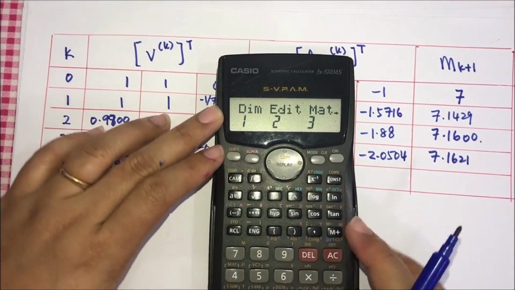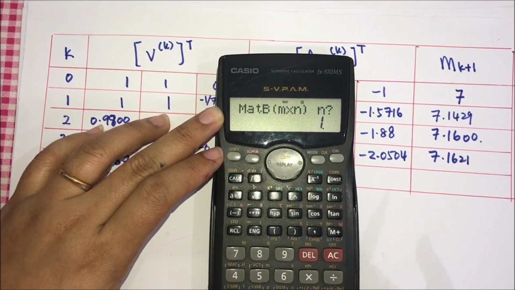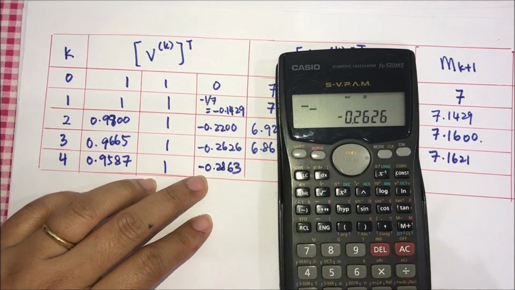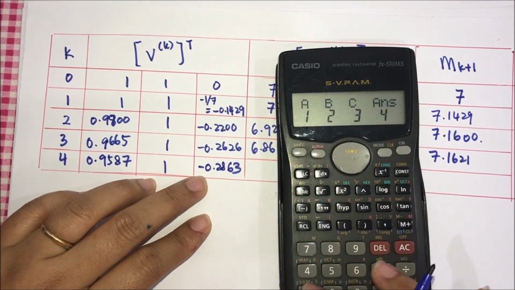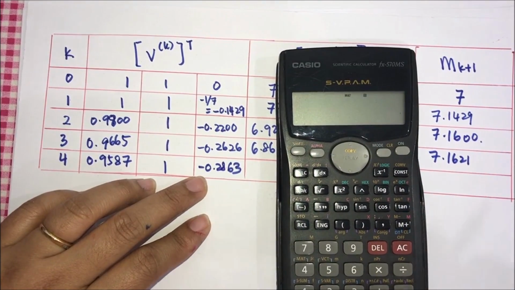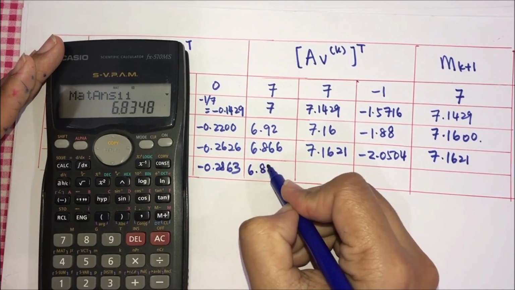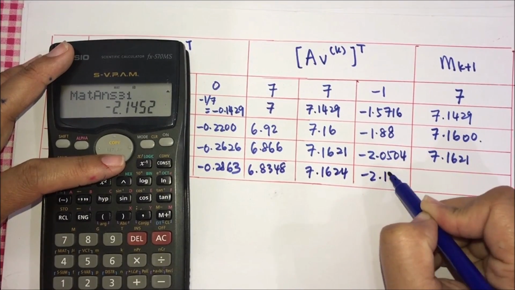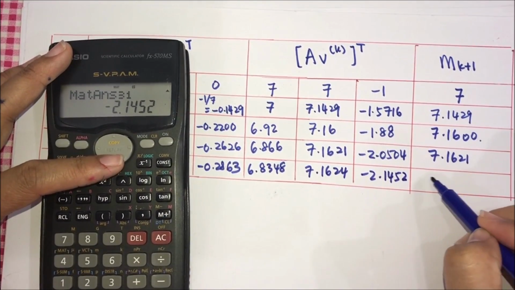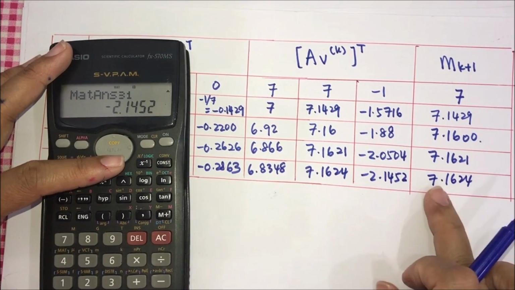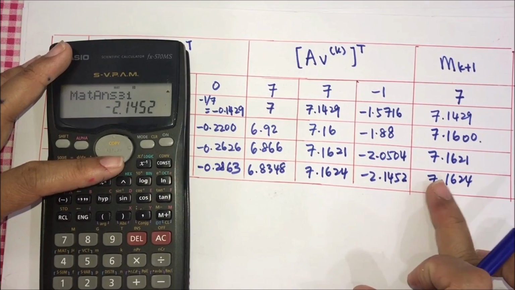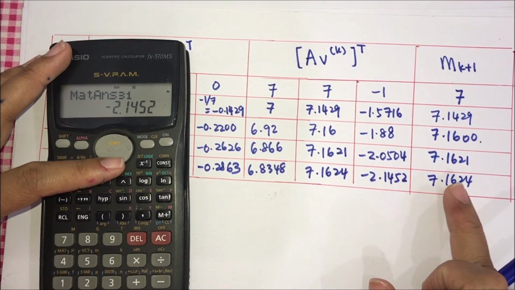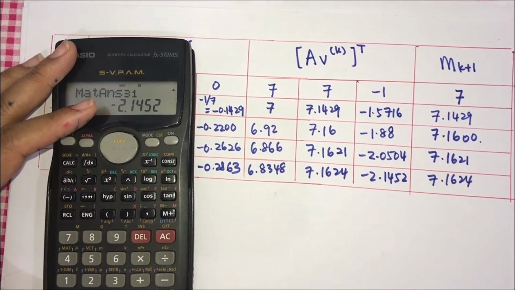So key in matrix B again, the new value of matrix B. Then the dominant value is 7.1624. 7.1624 minus 7.1621 is 0.0003, is it?